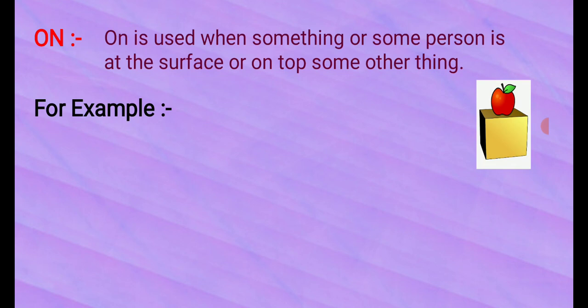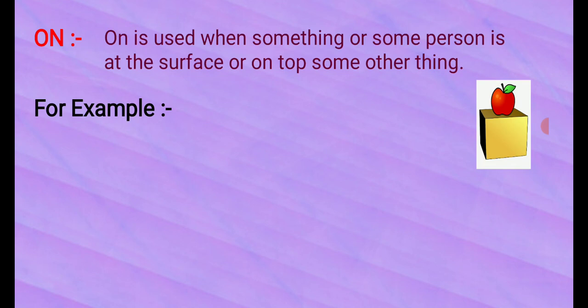There is a box, and on the box there is an apple. Now if you want to make a sentence with on, look here: the apple and the box are at one level, they both touch each other. At that time we use on.